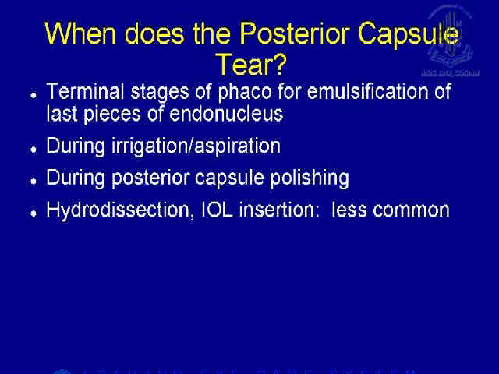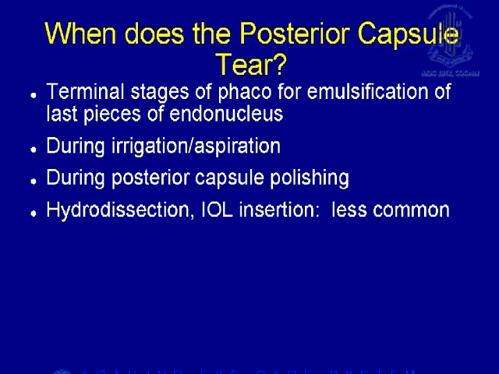But normally these are the areas where we get a PC rupture, right? Either it is at the terminal end. We're going to almost finish the phaco, the last bit of the nucleus is there, and you suddenly emulsify the capsule also with that bit. Or you're doing an irrigation aspiration with your normal irrigation aspiration cannula, and your subincisional cortex is the criminal there.